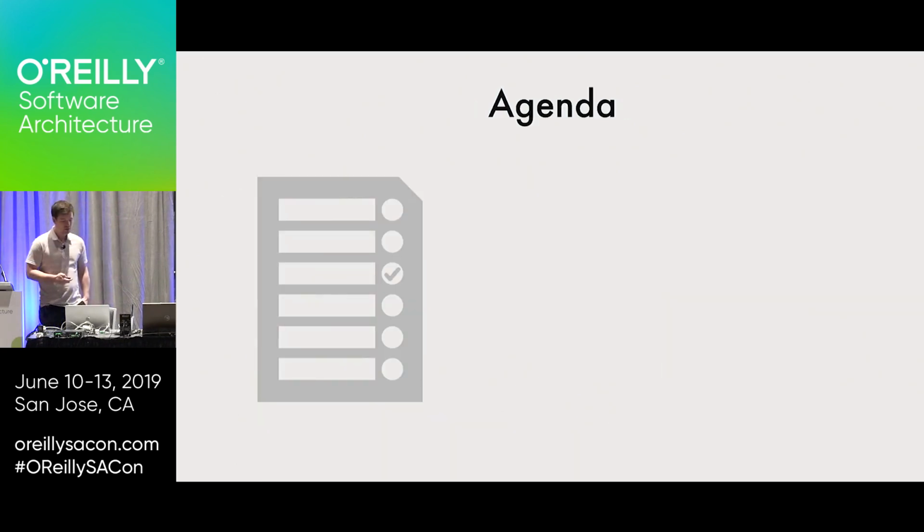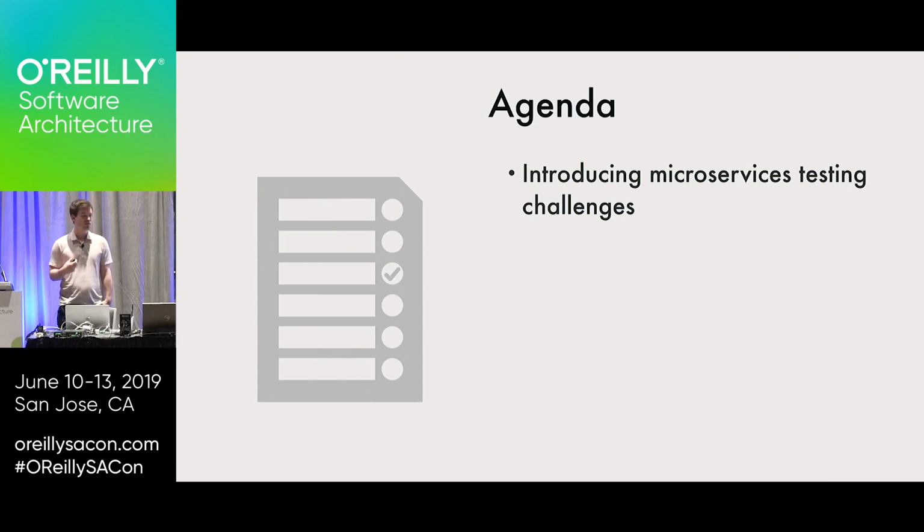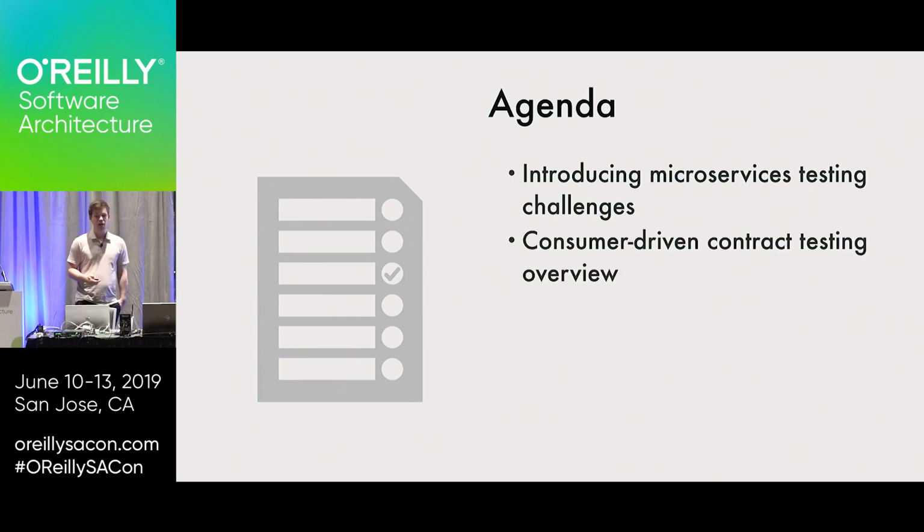On the agenda, the first thing I want to talk about is some of the microservices testing challenges, because I think it's important to understand the context that's led us to adopt consumer-driven contract testing. Once I've done that, we'll give an overview of consumer-driven contract testing. We'll learn how we can use it to mitigate some of the problems in the previous section.